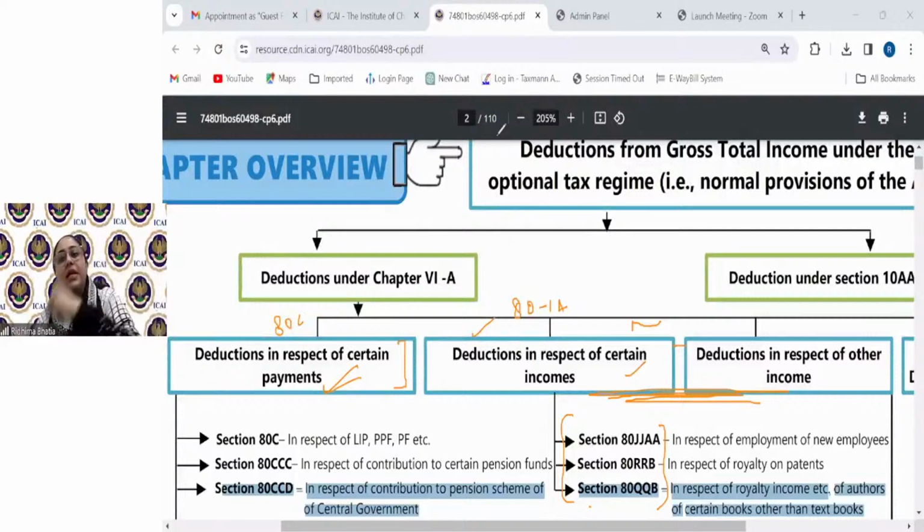And section 10AA, guys, we'll do towards the end of this chapter, first, when we have done all deductions under chapter 6A.